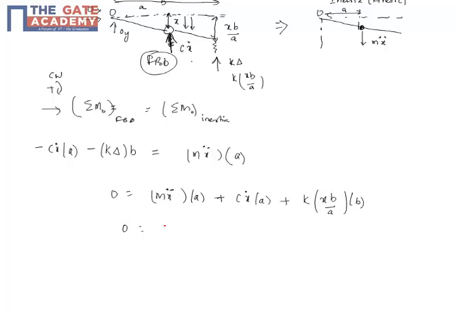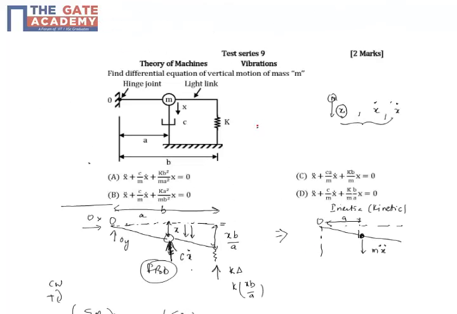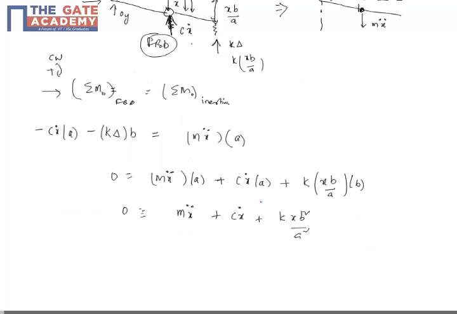So mx double dot, now a can be taken common throughout, so c h dot plus k x b square by a square. Also because everything is in terms of x, divide by m also, so h double dot plus c by m h dot plus k by m b square by a square into x.